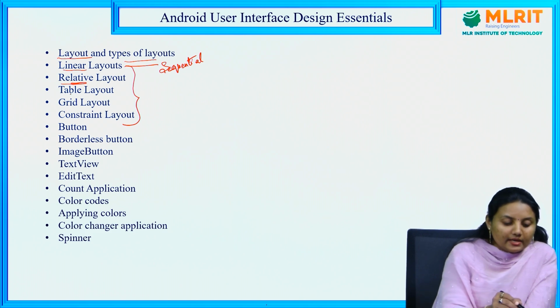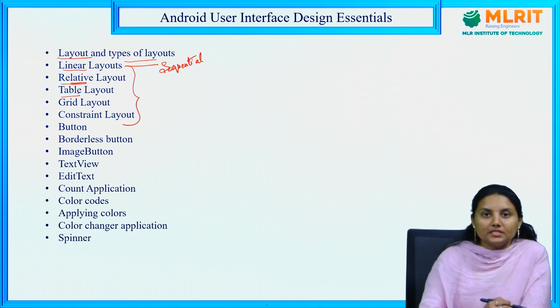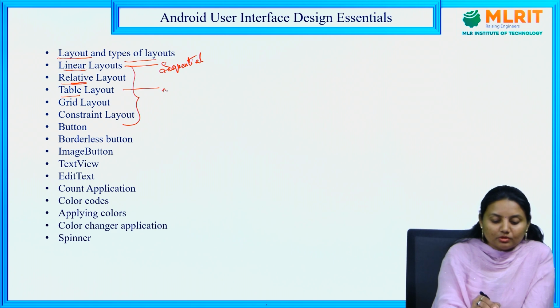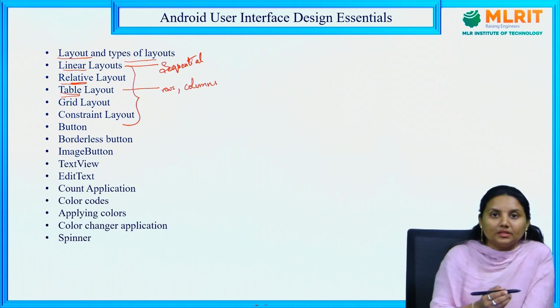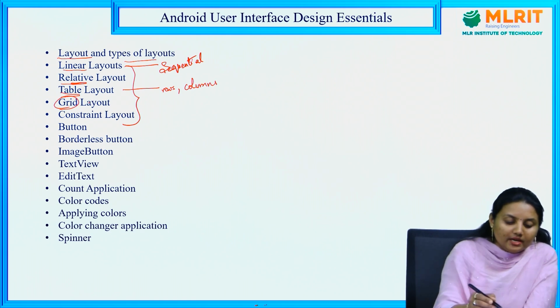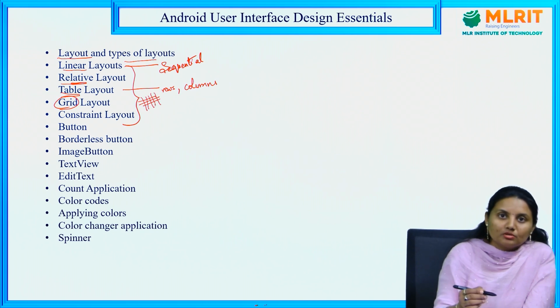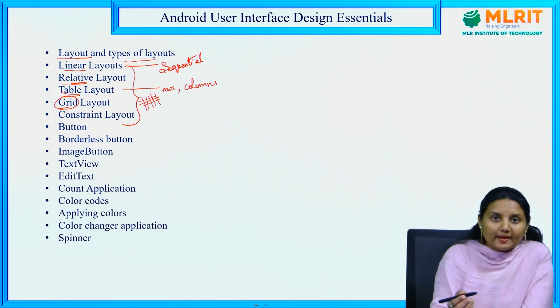Okay. And table layout. As the name indicates, table means rows and columns. So if you want to print something in the form of rows and columns, then you will go with the table layout. Then grid layout. Grid layout is used for graphing or maps.